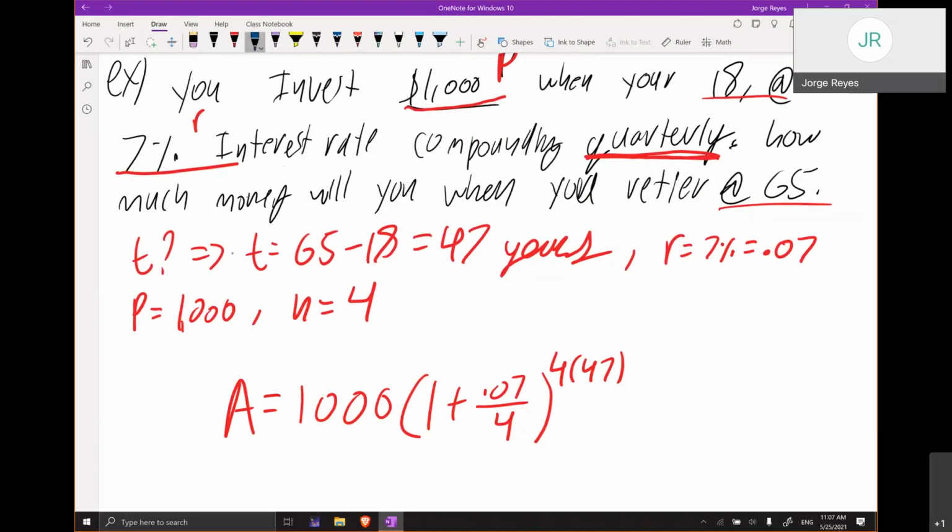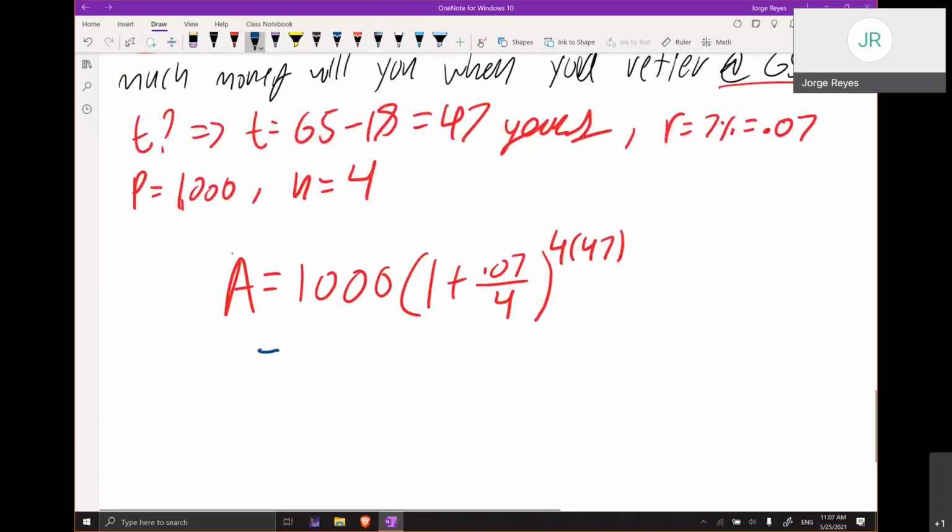$1,000 times the inside chunk, if you punch it in a calculator, will be exactly that, my bad. The top is going to be 188.